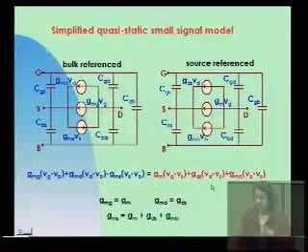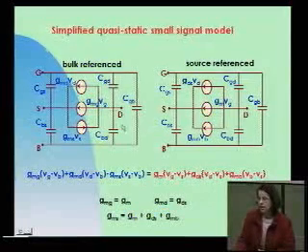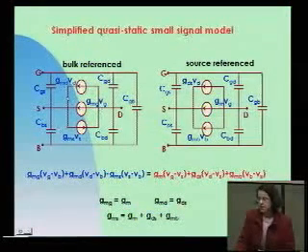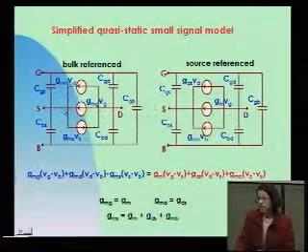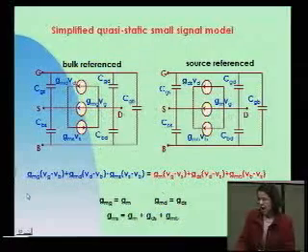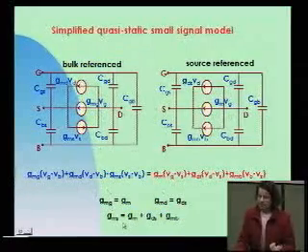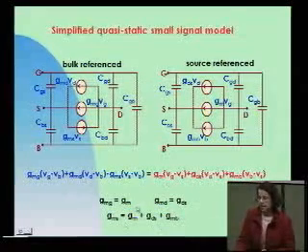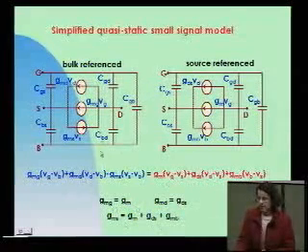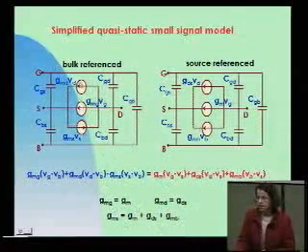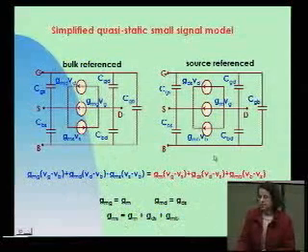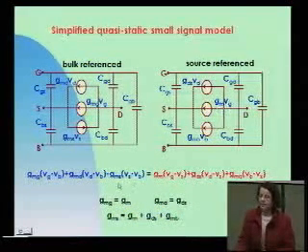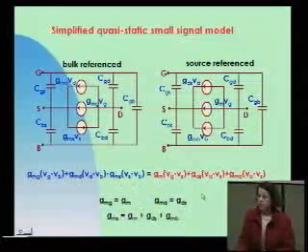But I only want to show you that in this branch here, the 2 currents must be the same. So if I equate them, I will find that the equivalence between the transconductances is this one. The gate transconductance in the bulk referenced model is the gate transconductance in the source referenced model.